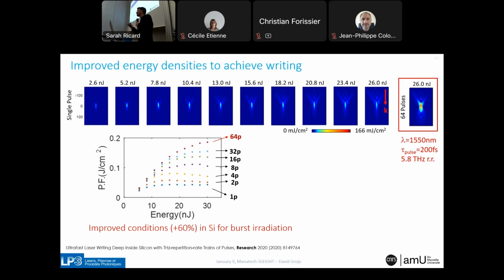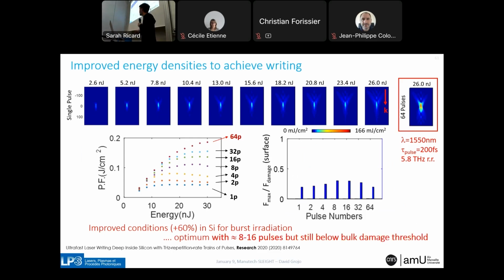But if you are completely honest, this is not totally correct, because this is again the delivered energy. What we should consider is the absorbed energy, not the delivered energy, because obviously when you change the temporal characteristics of the pulses, you change the absorption and you also change the threshold for modification. So if you want to make a fair comparison, you need to compare the delivered fluence to the fluence threshold for modification for a given train.